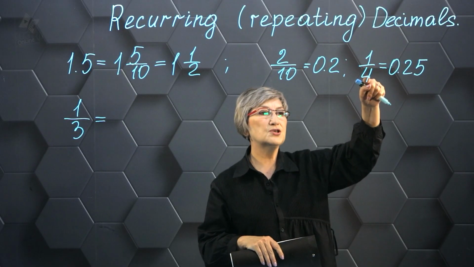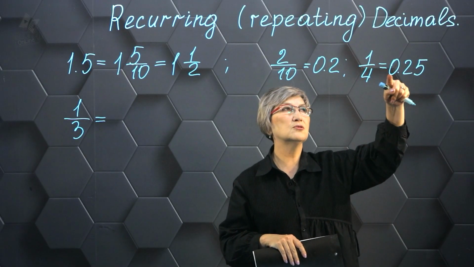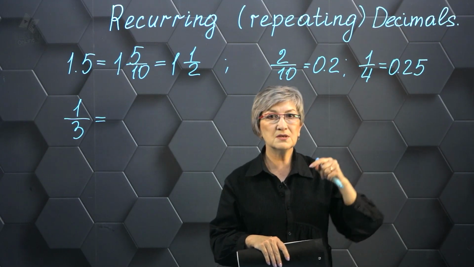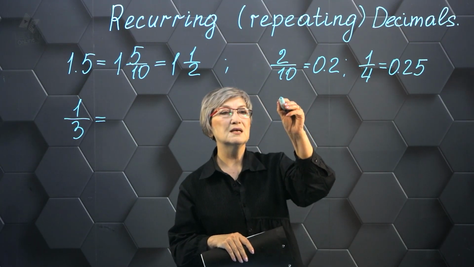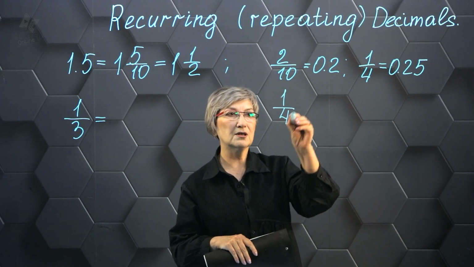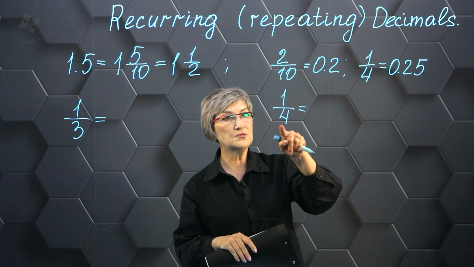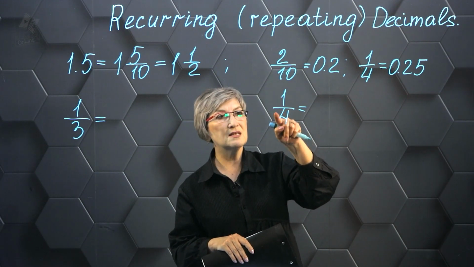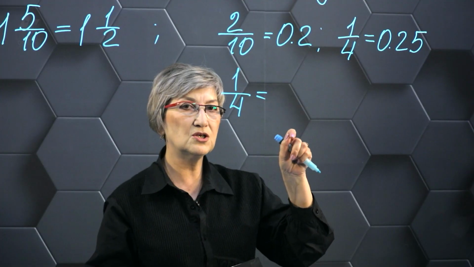Because the fraction 1/4 can be written as a decimal. That's 0.25. We've learned how to do this. Let's write 1/4. Why is it 0.25? Because I need to write the denominator in the form of 10, 100, 1,000, and so on.